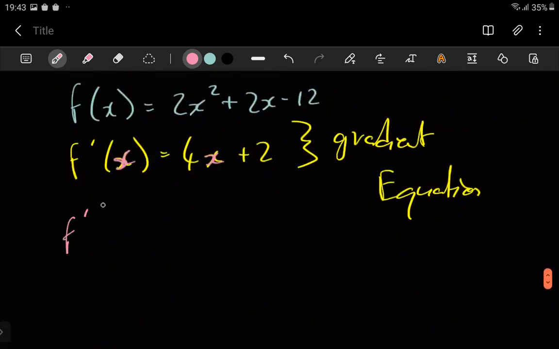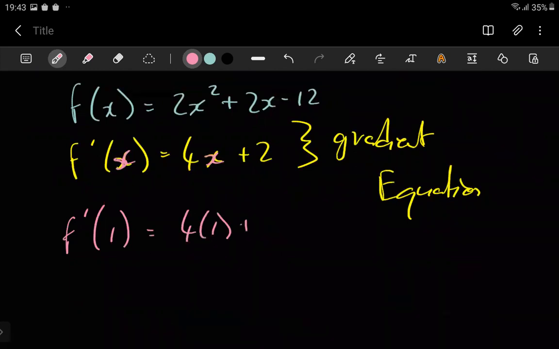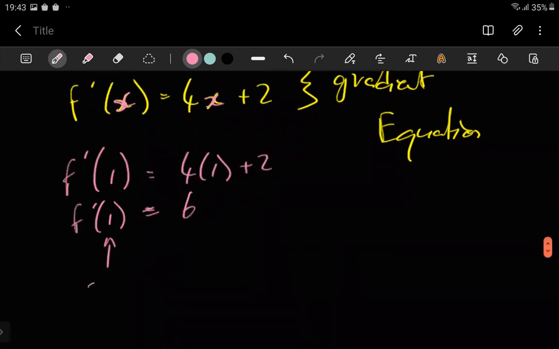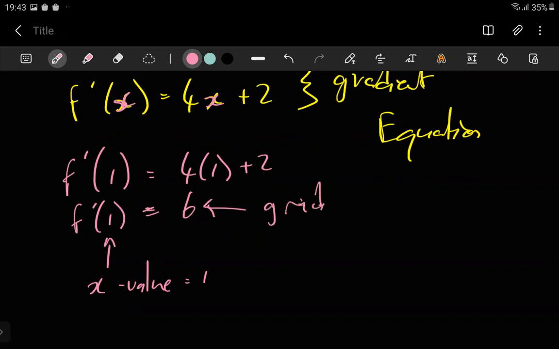So that's what we can do here. In the equation of gradient, where x is, we can just throw a 1 over there. And then this is 4 plus 2, which is 6. The gradient is 6 where x is 1. So this is saying the x value is 1, the gradient is 6.